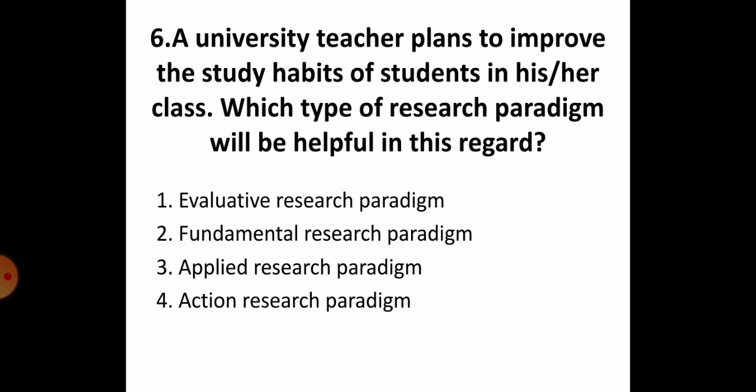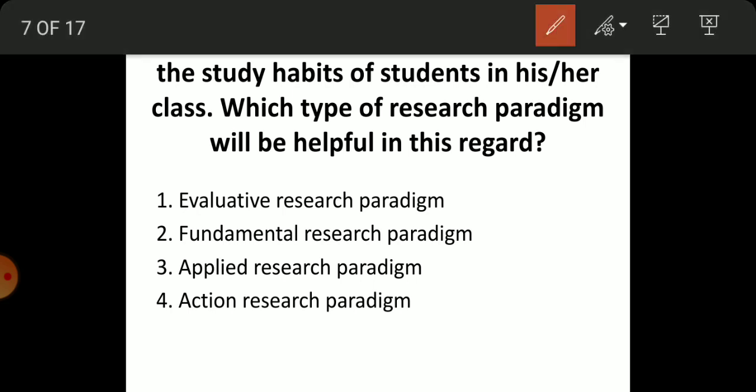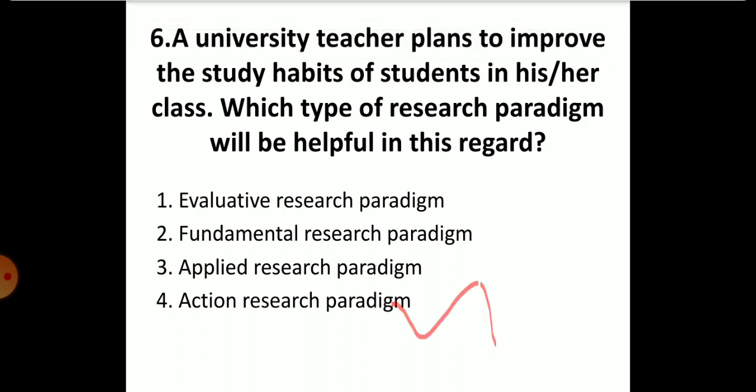Fundamental research means developing an effective explanation through theory building, and applied research means exploring the possibility of a theory for use in various situations. Action research means improving an existing situation through the use of interventions. From the above, you can see action research is used to improve an existing situation through interventions. So, the right answer is option 4, action research paradigm.